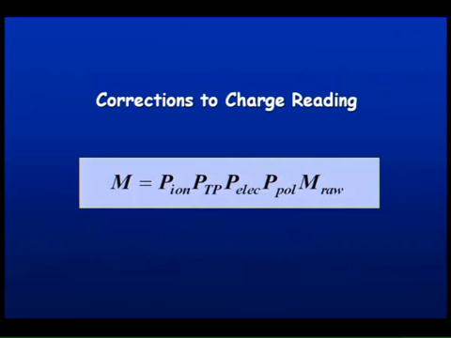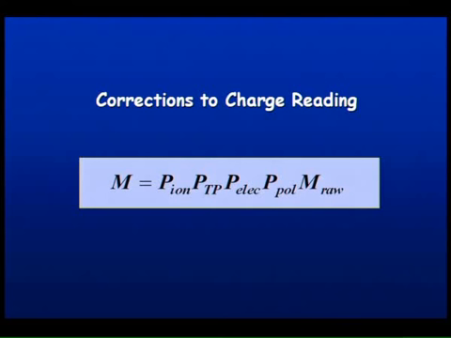The calibration coefficient that we obtain for an ionization chamber is only valid for the reference conditions for which it applies. Now, in the clinic, the measurements that we do, those conditions are different from the calibration conditions. So we need to apply the appropriate correction factors so that they can be referred to the calibration conditions.